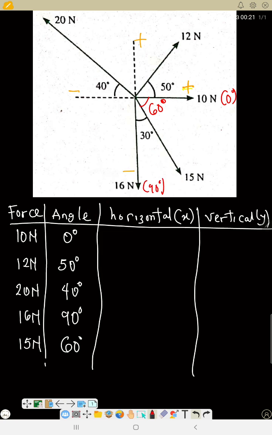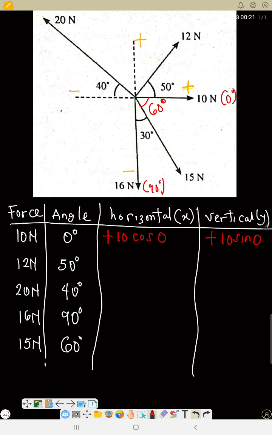So now, 10 is in the horizontal already. Moving it to the vertical is also plus. So that means it's plus, plus for both. So plus 10 cos 0, plus 10 sin 0.